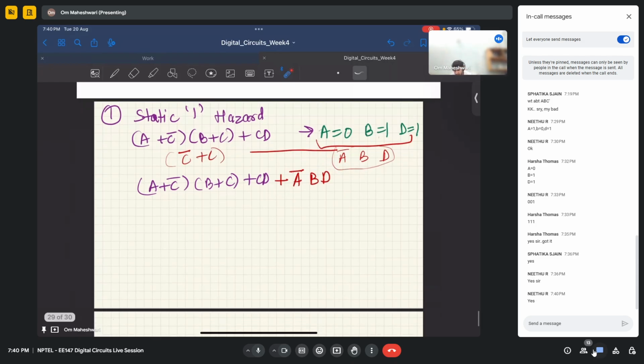Similarly, we can do for static zero hazard. Static zero hazard we have already.